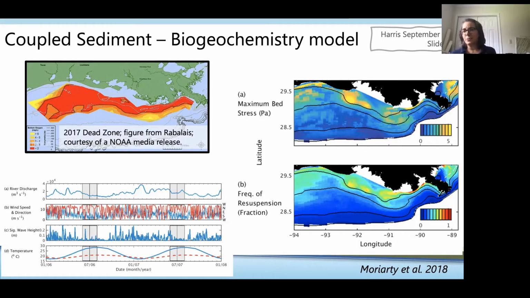I can't speak to the chemical weathering point, but I've been proposing to look at how changes to the monsoon system would impact dispersal offshore of the Irrawaddy.